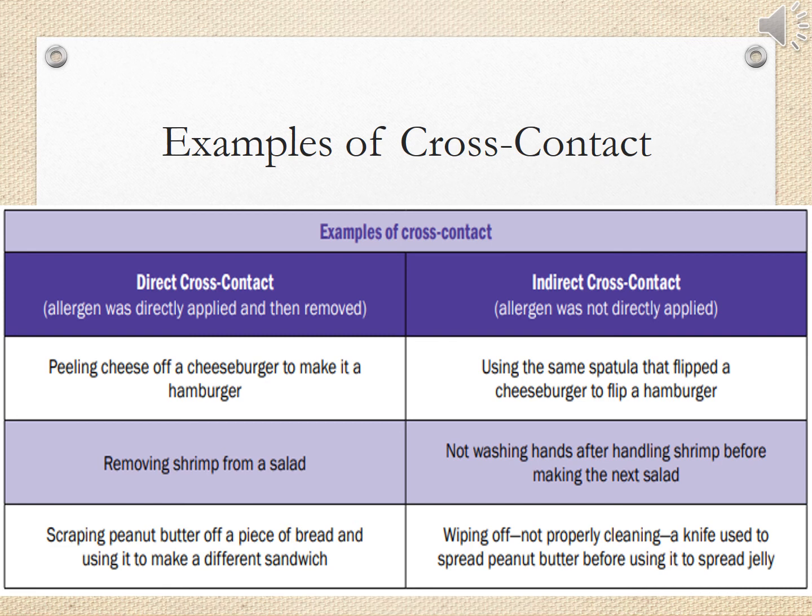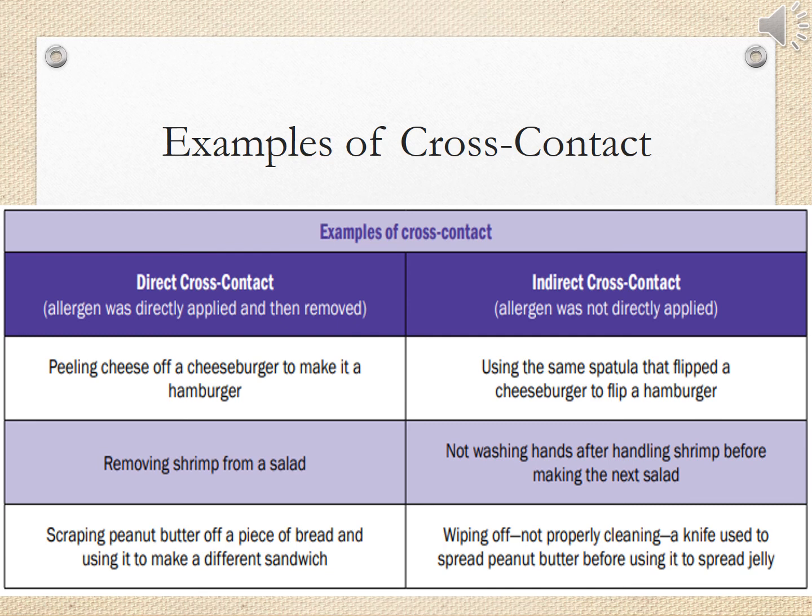We also want to be careful of indirect cross-contact, such as using the same spatula that flipped the cheeseburger to flip a hamburger. Not washing your hands after handling the shrimp to make the next salad: you may still have the shrimp proteins on your hands and then touch the lettuce.